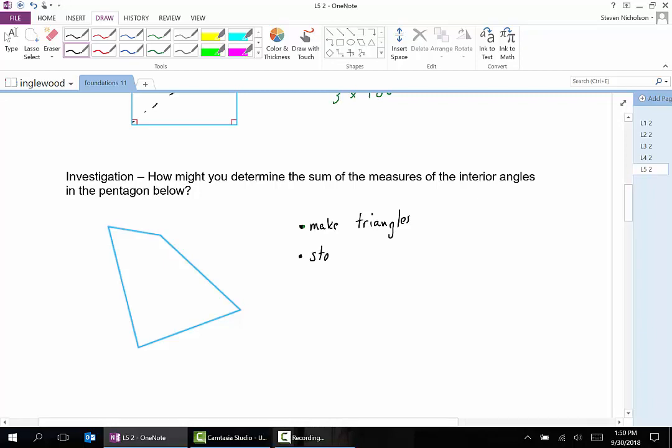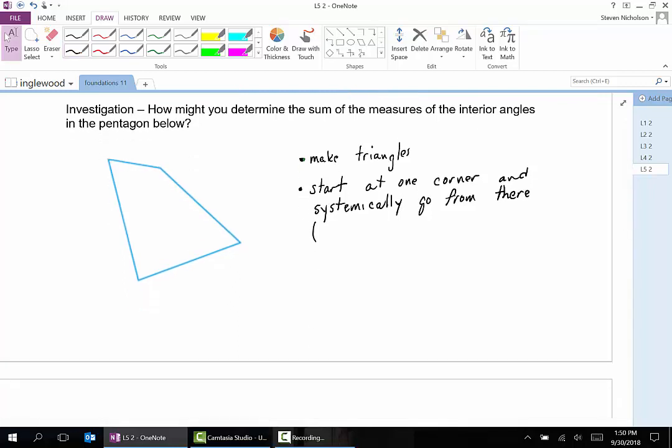So as long as you start at one corner and go systematically, then you should be able to draw a number of triangles. But the main idea here is you do not cross lines.